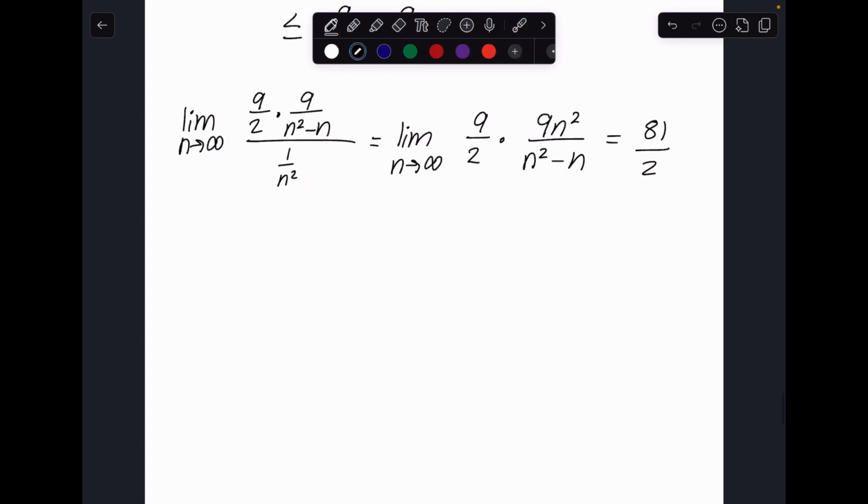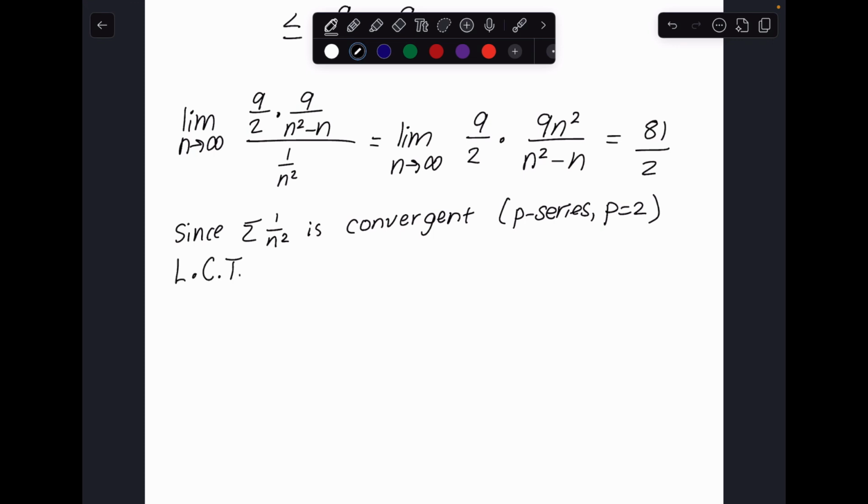So just to summarize, since 1 over n squared is a convergent p-series, I'm going to list that p is equal to 2. Limit comparison test concludes that the series 9/2 times 9 over n squared minus n is convergent.